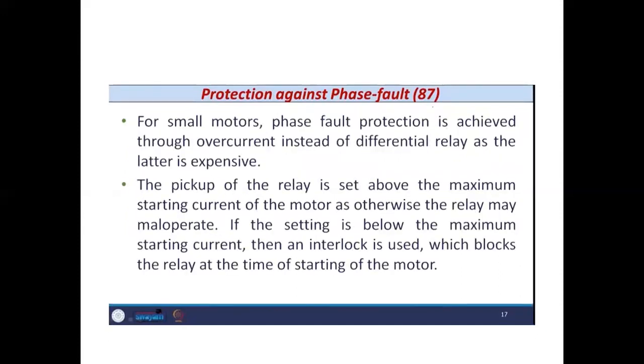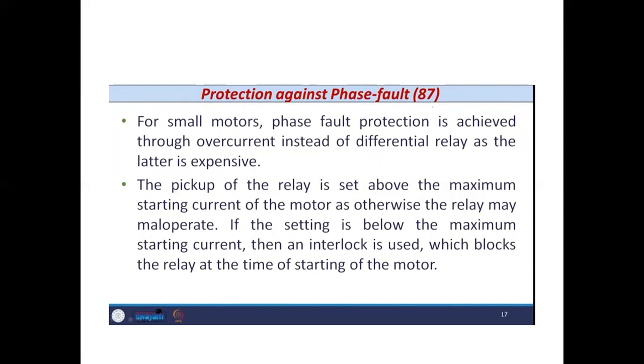Now for the small motors, as I have told you, phase fault protection is achieved by the overcurrent relays, IDMT or instantaneous, instead of the differential relay. The pickup of the relay is to be set above the maximum starting current of the motor. Otherwise, the relay may maloperate as soon as you start the induction motor.